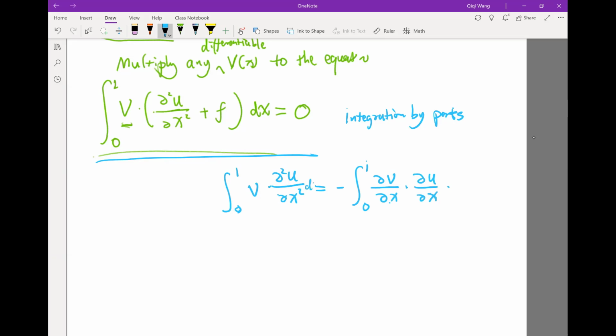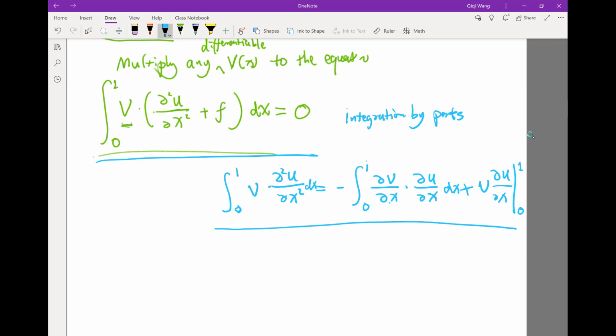Both are integrated over dx, and there is a boundary term. The boundary term is v times du dx, which is the second term in the original equation taken out of one level of derivative. This is not integrated, but rather evaluated at the boundary, the difference between the value at 1 and the value at 0. So this is what we call integration by parts.